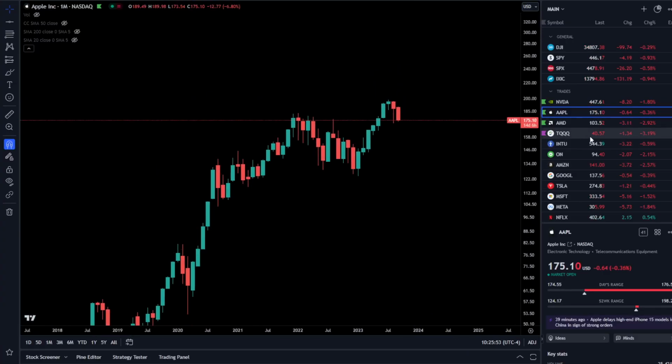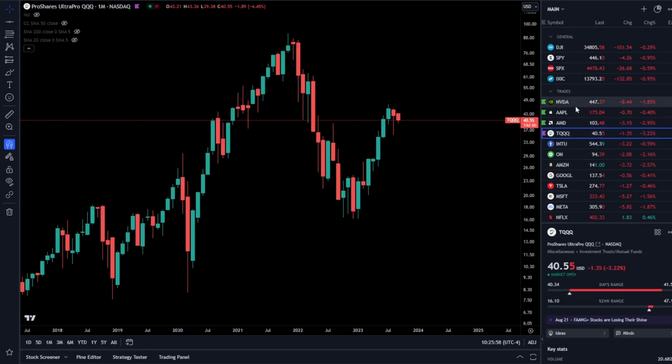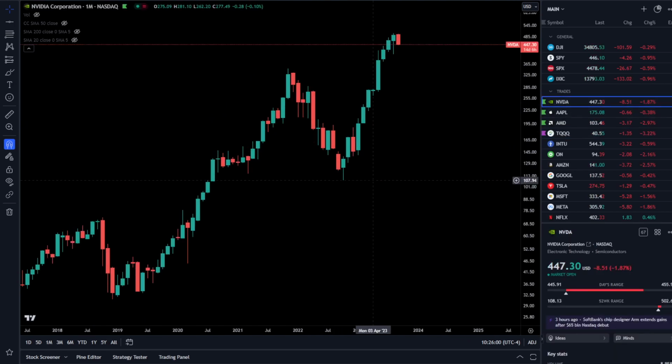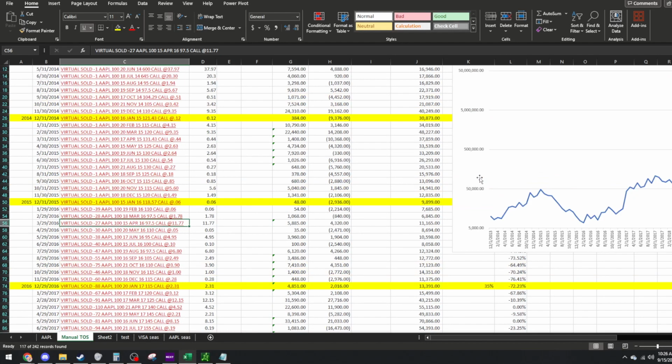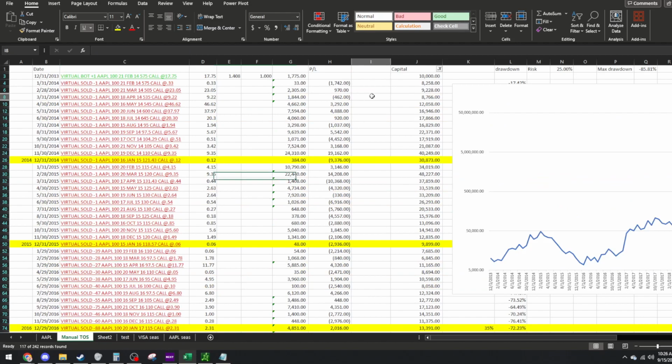You can try doing this with other symbols too, like TQQQ or NVDA, right? Maybe I'll create something like a plug and play thing where you can do your own back testing. Unfortunately, the back testing I do is more manual, which I think is better in some cases because it's more accurate.